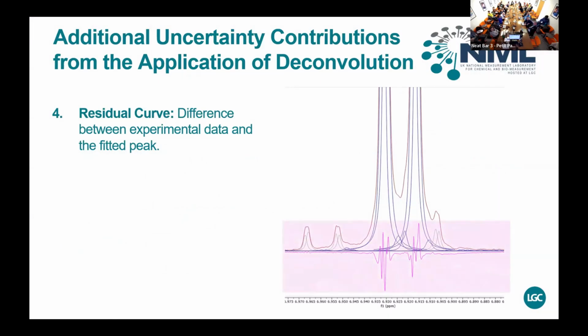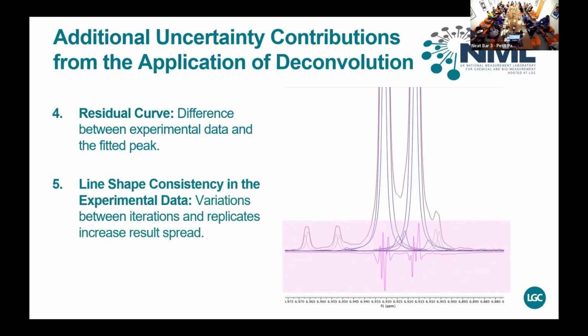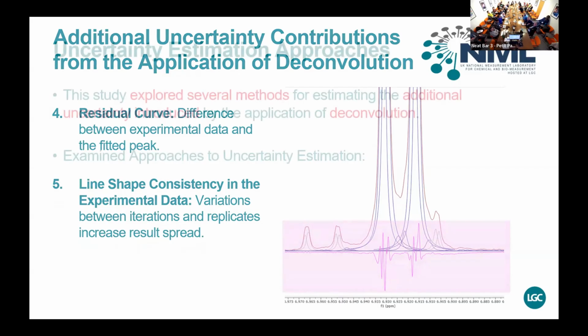The larger the residual curve, the more uncertainty. The residual curve tells you the difference between your experimental data and your line fitted peaks. So the larger that is, the more it indicates that the model didn't fit so well and it was a poor fit. And then lastly, your line shape has to be consistent throughout your experiment, and variations in this will give you increased spread in results.